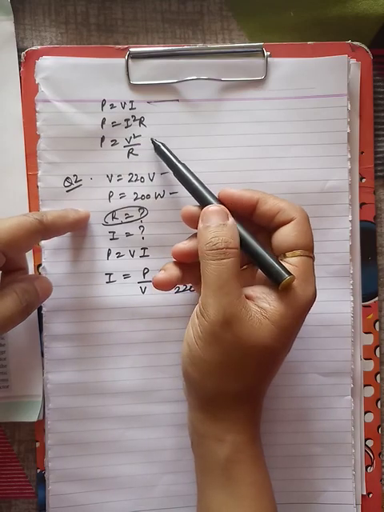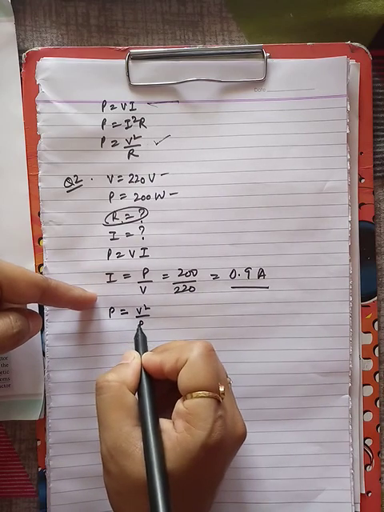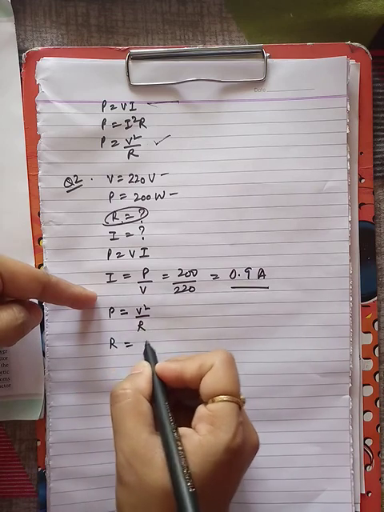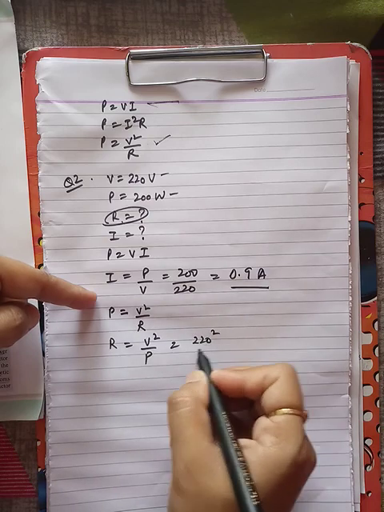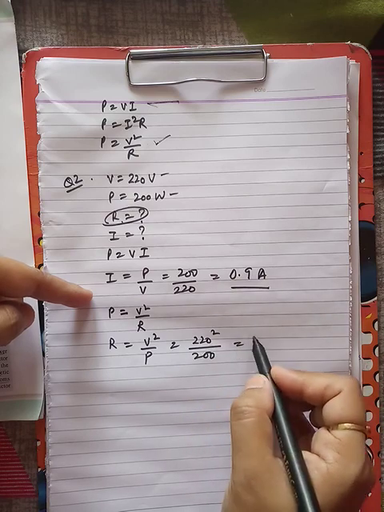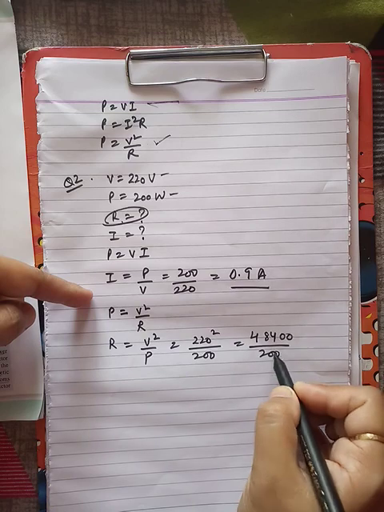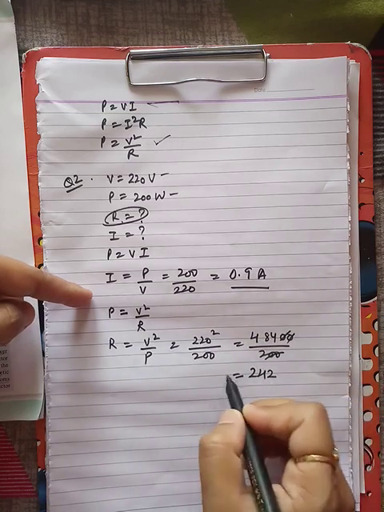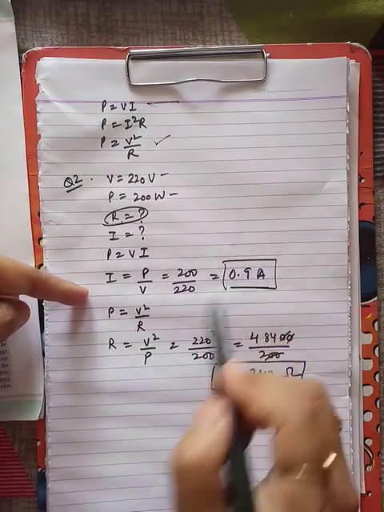Let's say we are using power is equal to V square divided by R. So R is equal to V square divided by P, that is 220 square divided by 200. 220 square is 48400 divided by 200, that is 242 ohms. This is the resistance and this is the current.